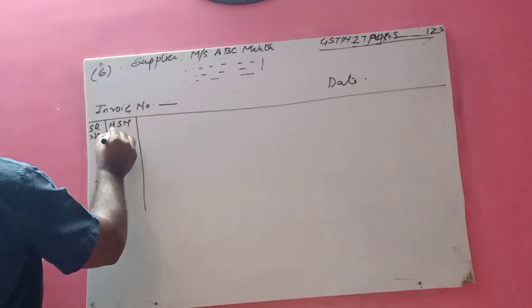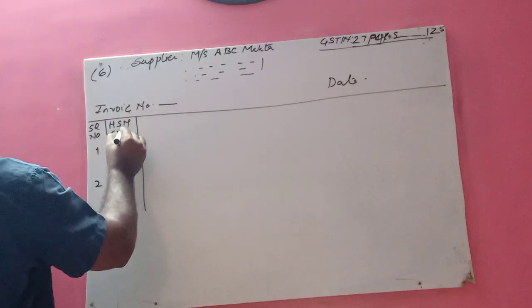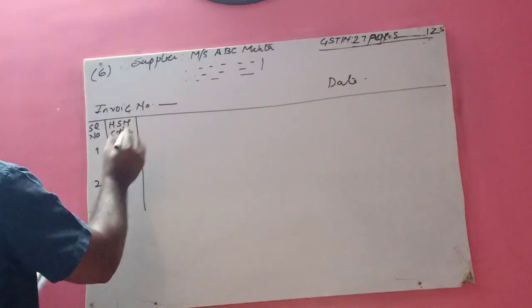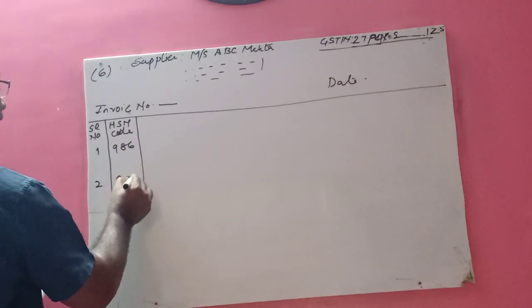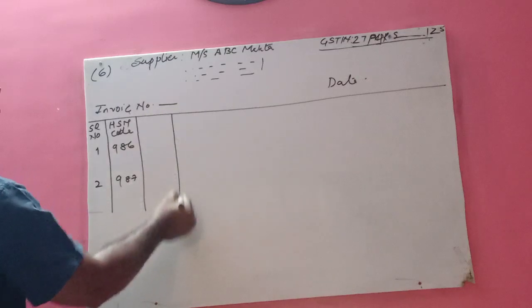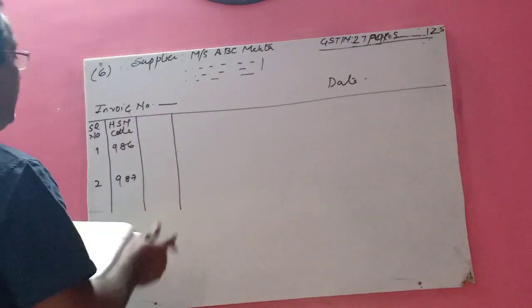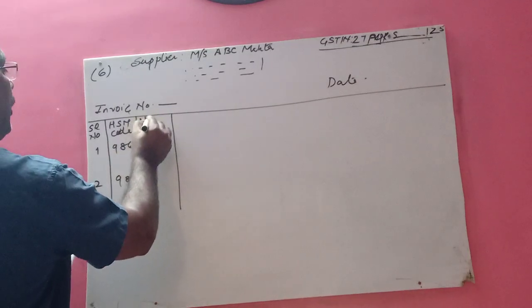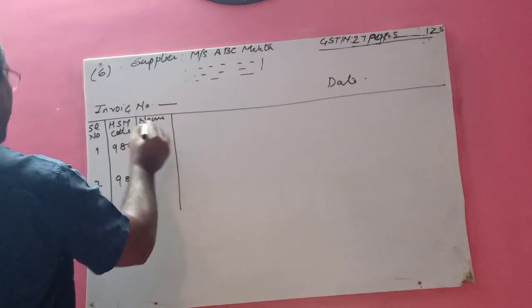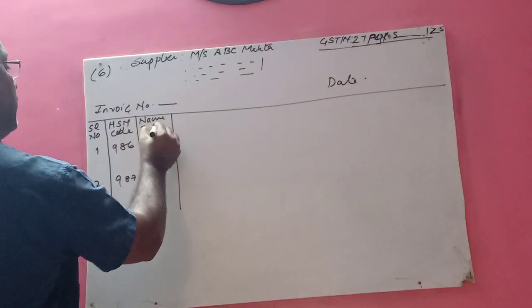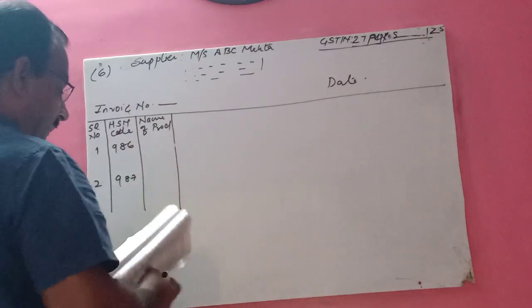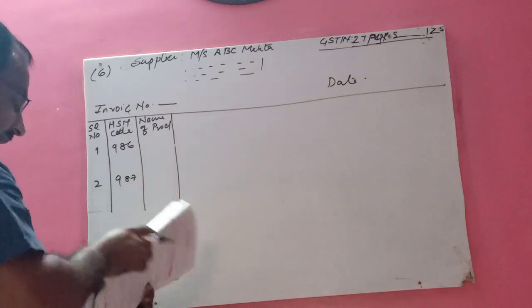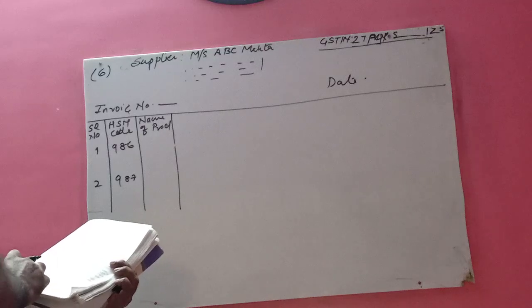This is the item code given by the supplier. So take anything like 986987. This is the code of the item. Then which item have they taken? Write down that one. Name of the product. In this you will write what is taken by the customer, that is mobile battery.